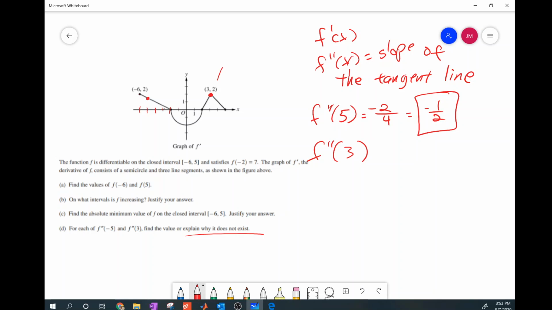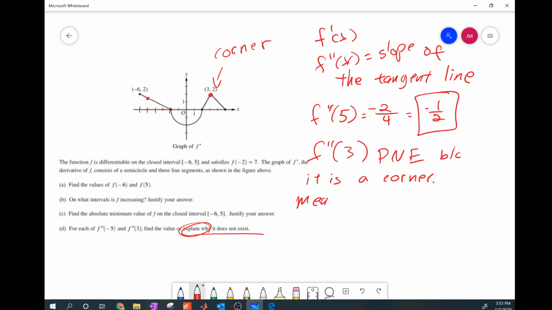Okay, we can see here, we call that a corner. And so we know this already does not exist. But they want me to explain it. So I don't know if the AP exam is going to be sufficient with saying because it's a corner. So what does it mean when something's a corner?